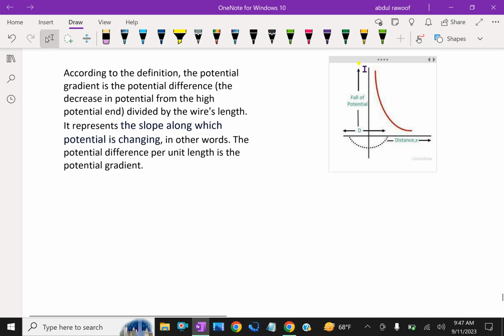Here, this is a higher potential. That means some charge falls from higher potential to lower potential. Here, the distance of the wire. So, this divided by this. That means the potential gradient.